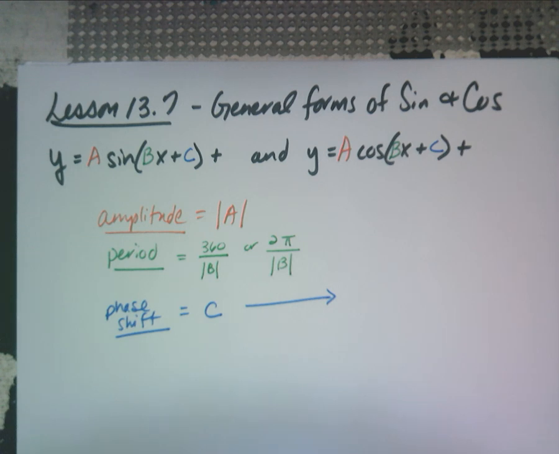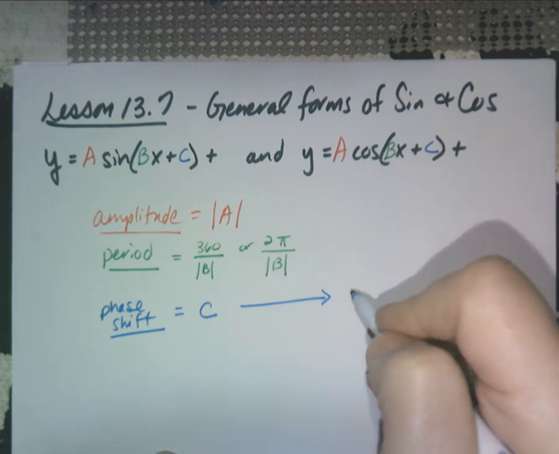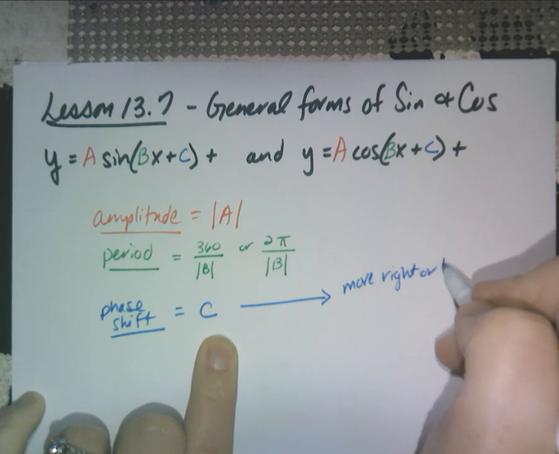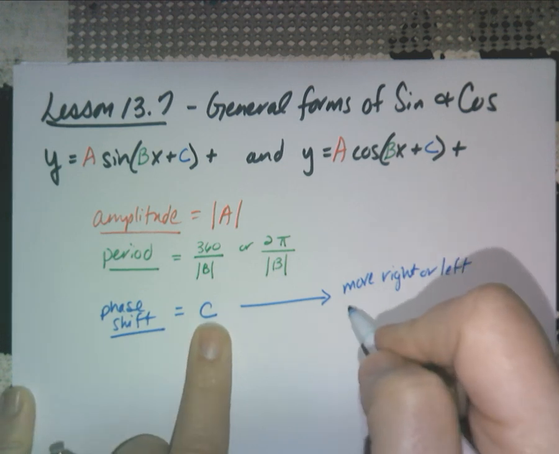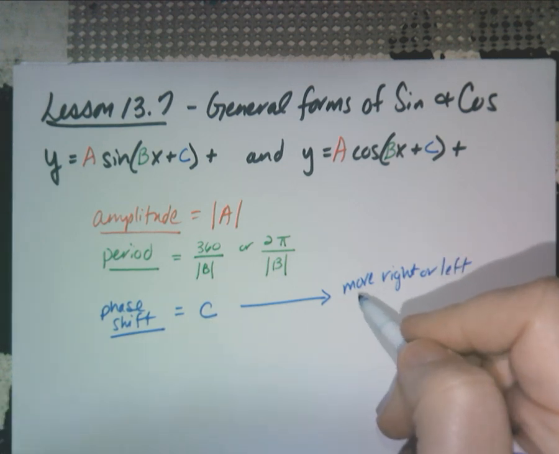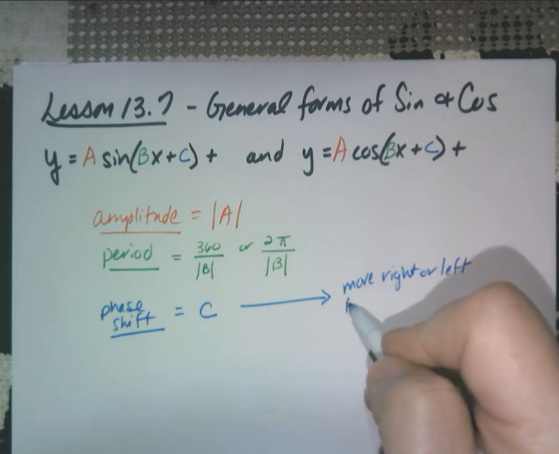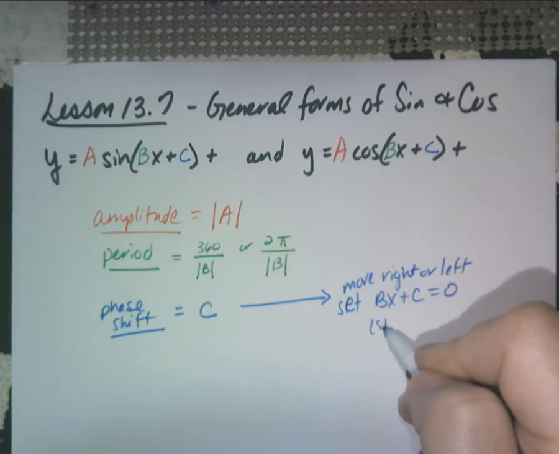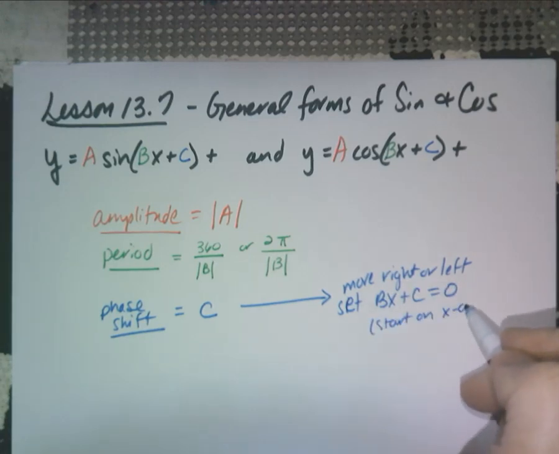Good job, 50-50. Okay, so this number will tell you to move right or left. However, this is actually where it starts on the x-axis once you set bx plus c equal to 0, and that's where you start on the x-axis. You actually have to set that whole thing equal to 0, and that'll tell you where your starting point is going to be.